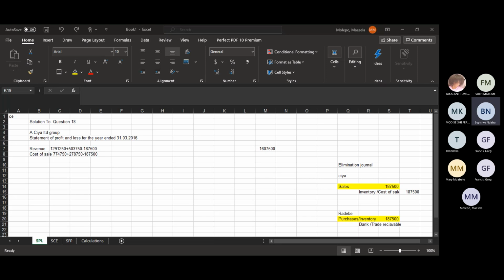You mean the selling? The 75,000. Remember, they say on 1 April, Khatebe had inventory on hand, which was purchased from SIA. So now I want to know, in the books of Khatebe, remember, Khatebe is a subsidiary. So Khatebe as a subsidiary got inventory from the parent, which is SIA.